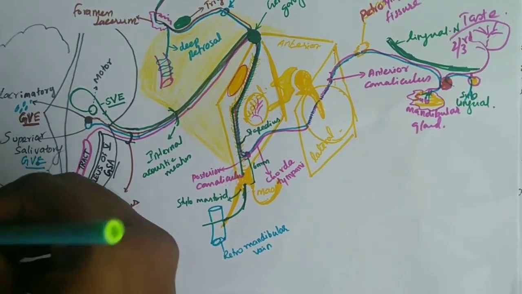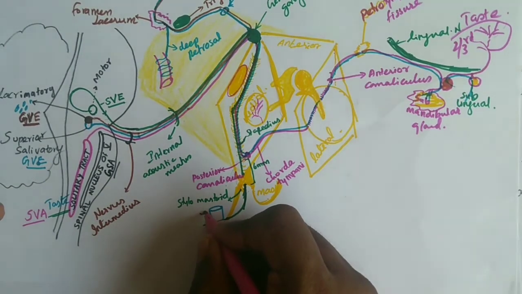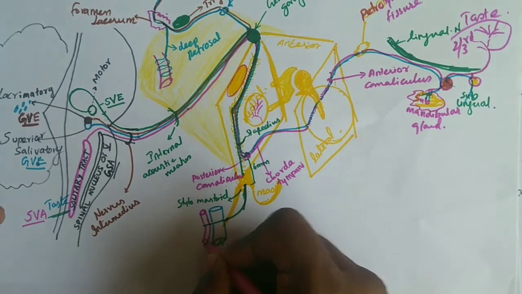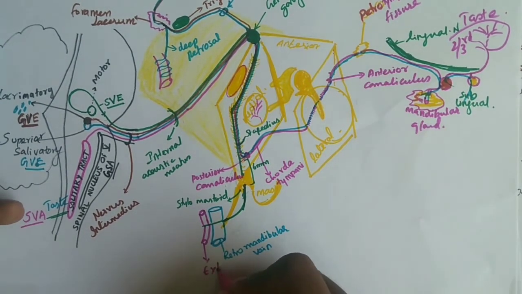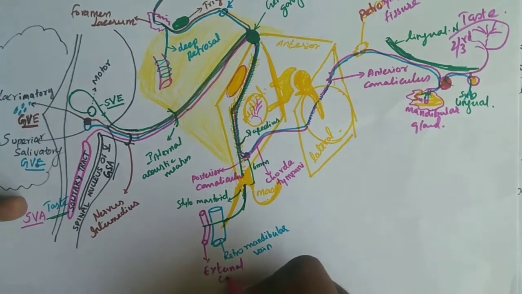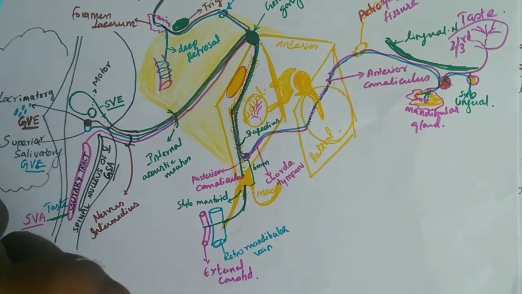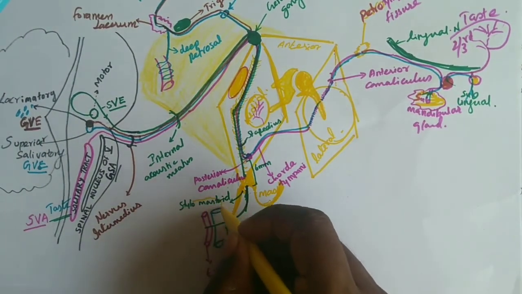And it will be crossing one artery, that is the external carotid artery. Okay, so the nerve is crossing all these things.